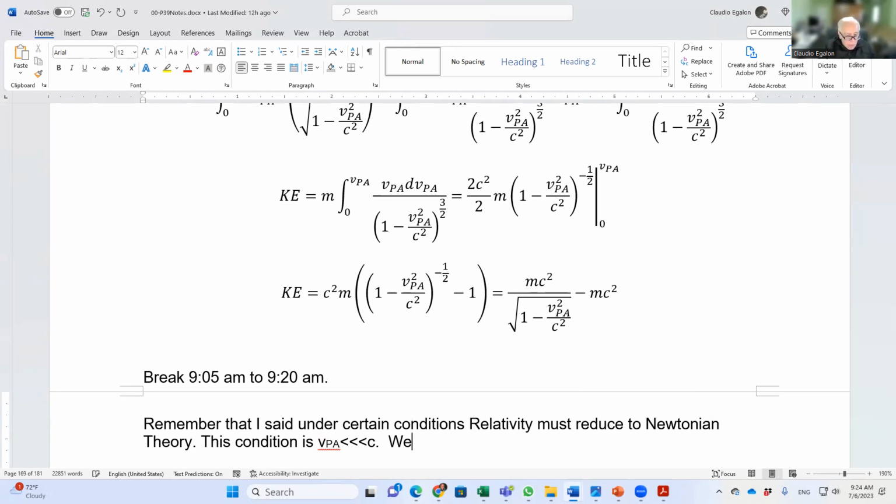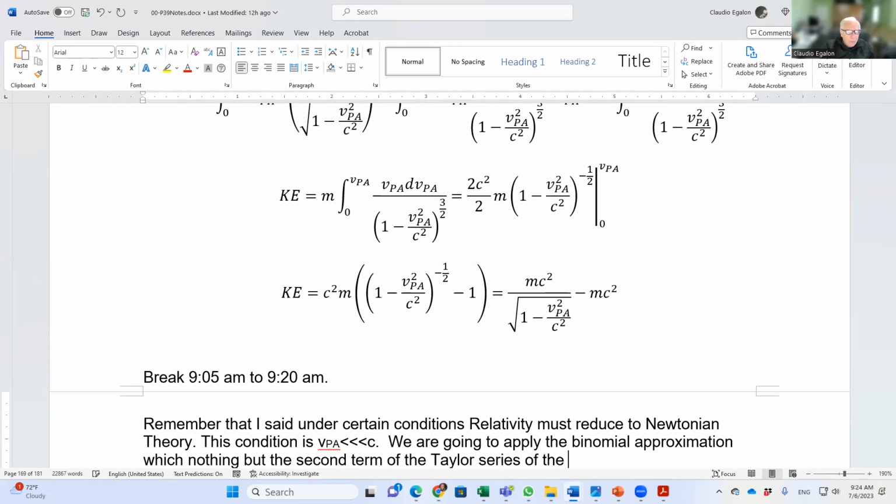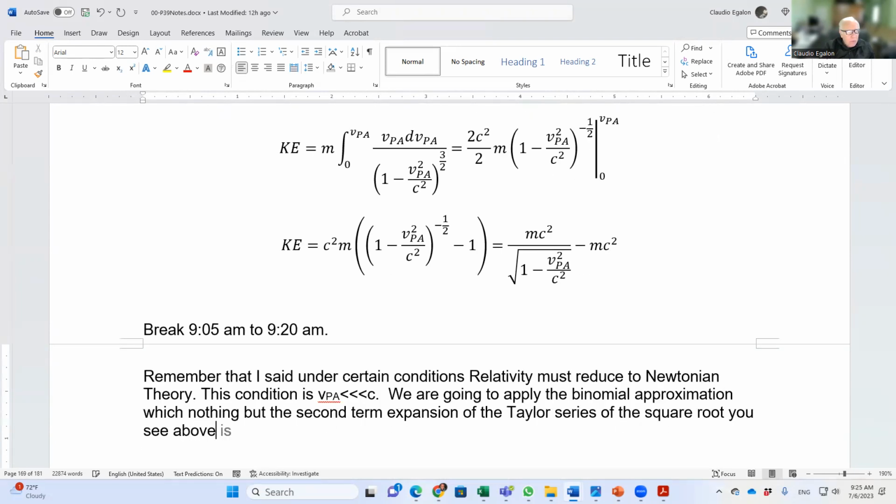What we're going to do, we're going to apply the binomial expansion, binomial approximation, which is nothing more than a Taylor series, which is nothing but the second term of the Taylor series, which is nothing but the second term expansion of the square root you see above.